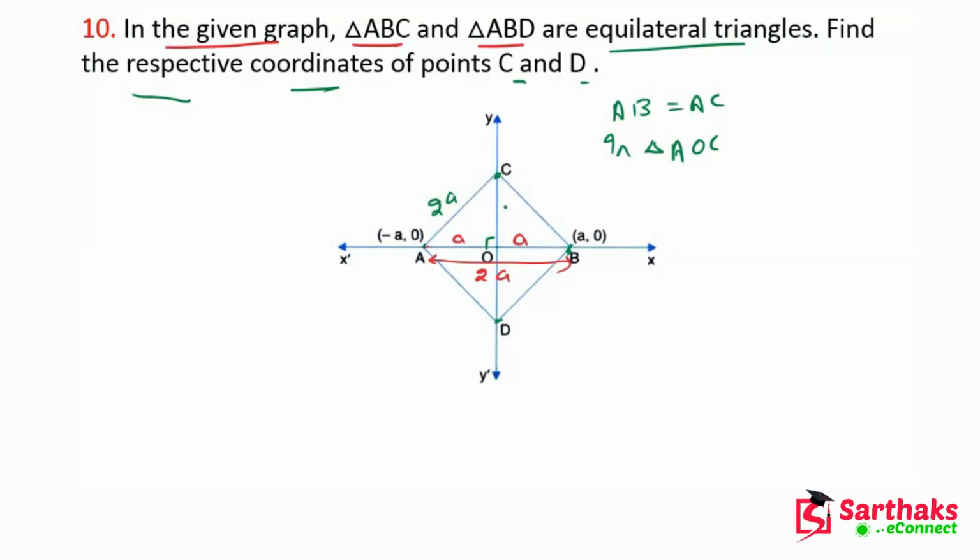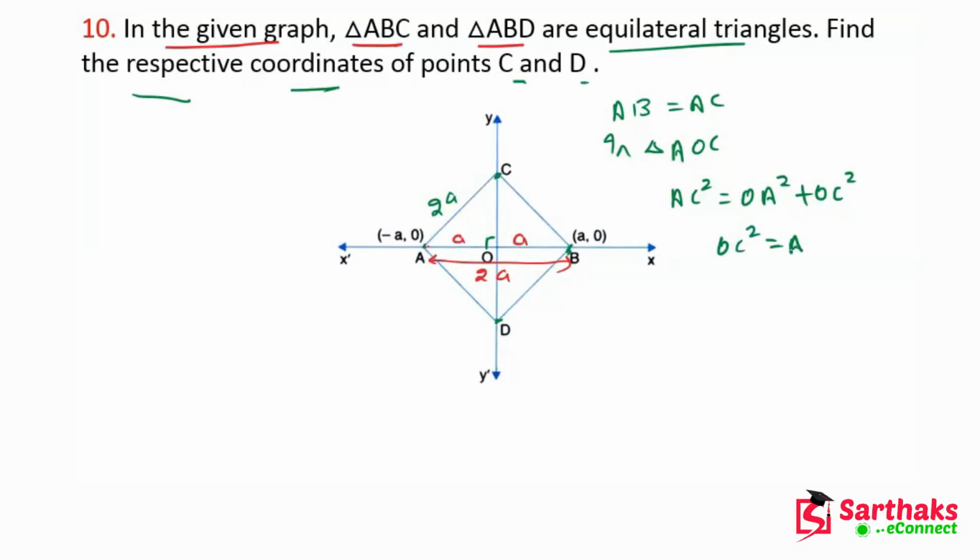AC squared equals OA squared plus OC squared.